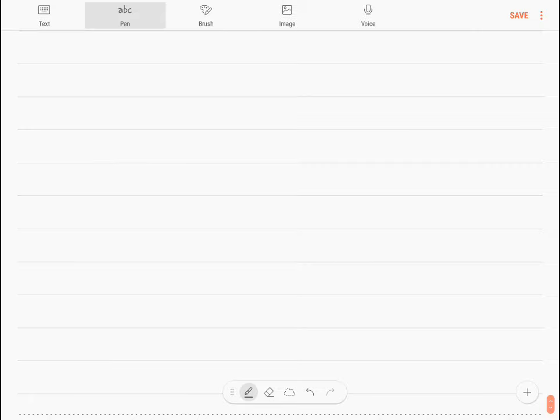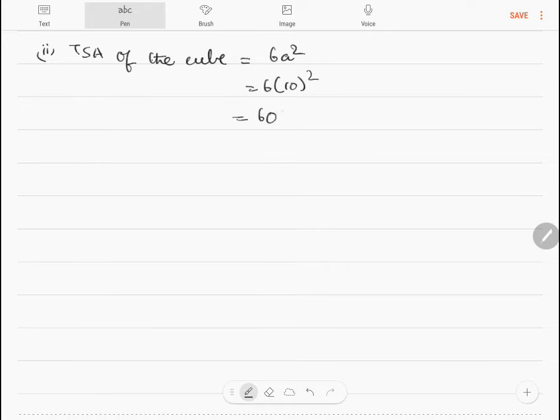Next question, subdivision number 2. Which box has a smaller total surface area and by how much? So now we have to calculate the total surface area. The total surface area of the cube is 6a square or 6 into 10 square, which is 600 centimeter square.